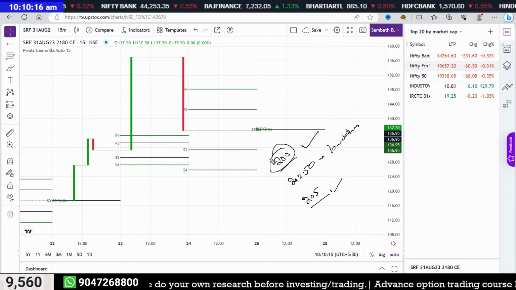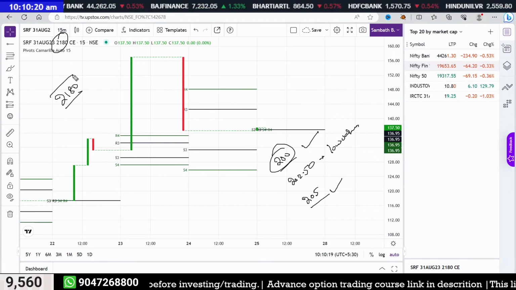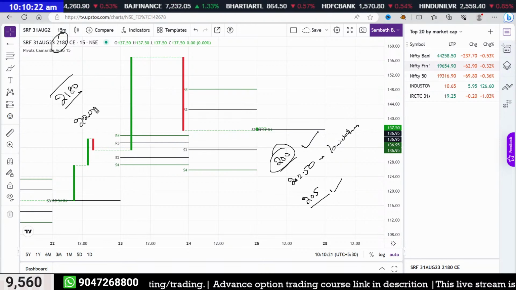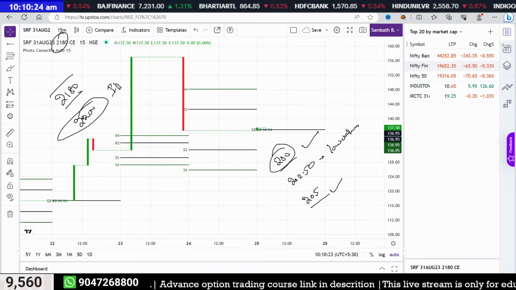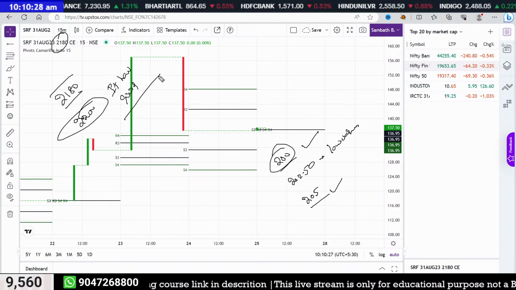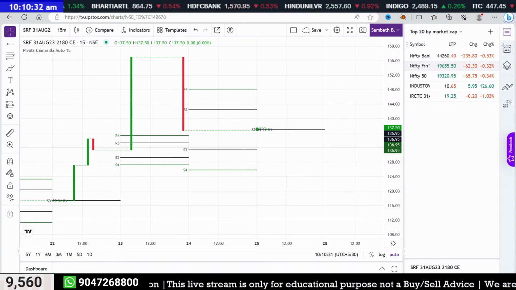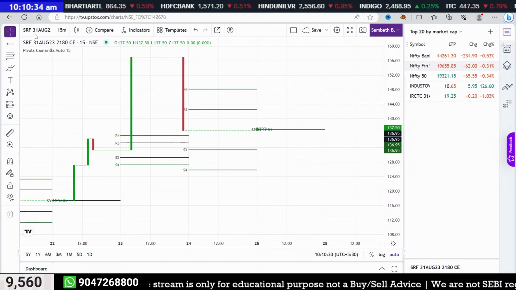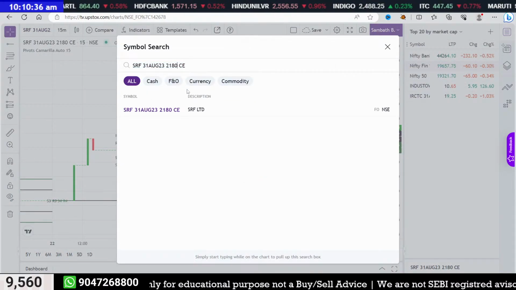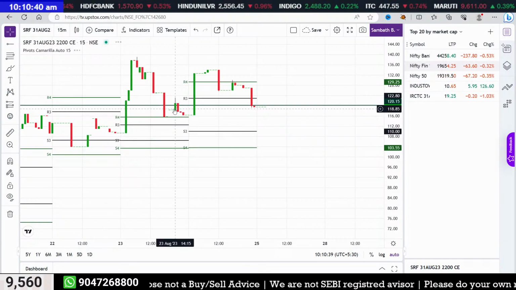If you are focusing on bigger value stocks, instead of 2180 you can just look for 2200. It has good volume. This is not only for stocks, even index is the same. If 2180 is not liquid, 2200 maybe has good liquidity.